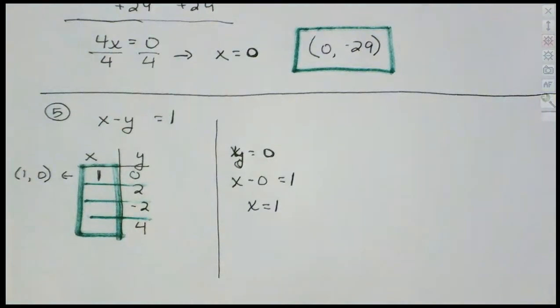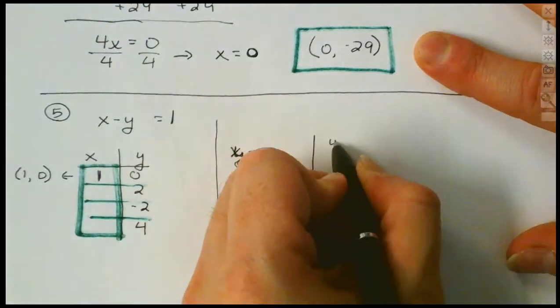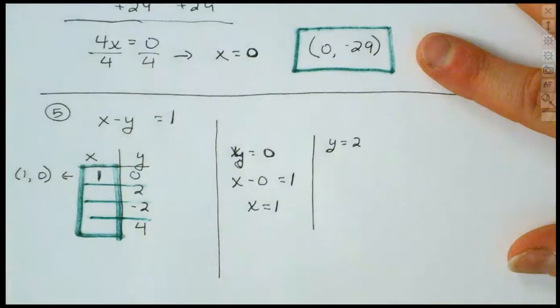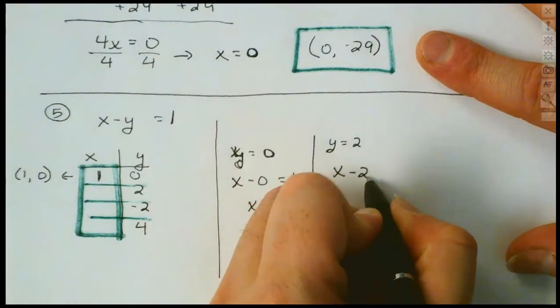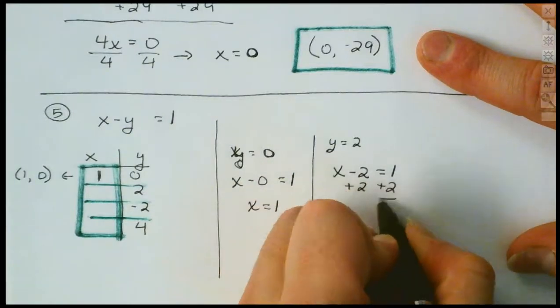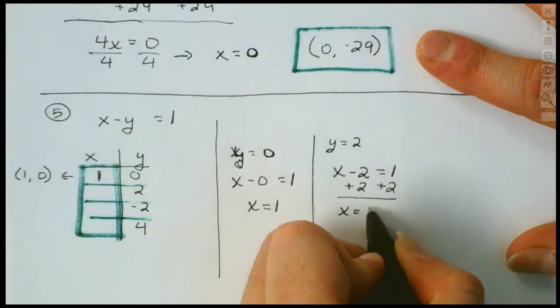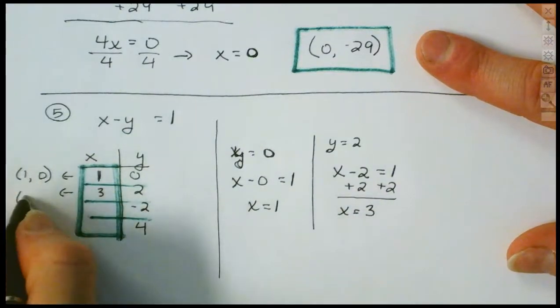Okay, and that is actually your x-intercept there. That's where it crosses the x-axis. So what about our next one? The next one we're going to plug in 2. So we're going to plug in y equals 2. And if I plug in y equals 2, I get x minus 2 equals 1. We're going to add our 2 to each side. And that leaves me with 3. So that's our new ordered pair, 3, 2.